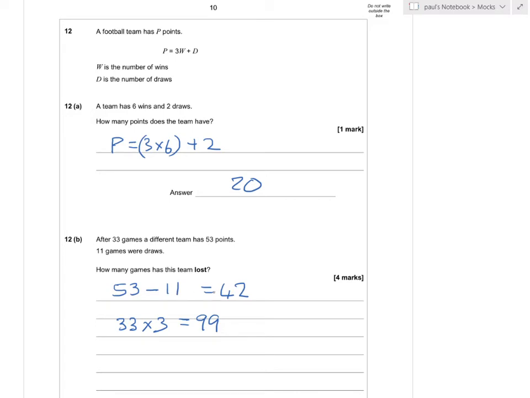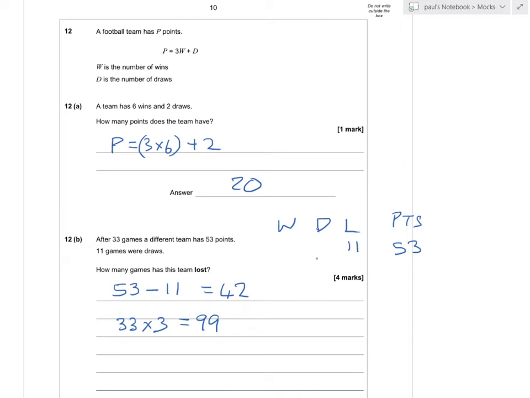So we know we did 11 draws, but they got 53 points. So out of the wins and the draws and the losses and the points there, we know we've got 53 points and we've drawn 11 games.